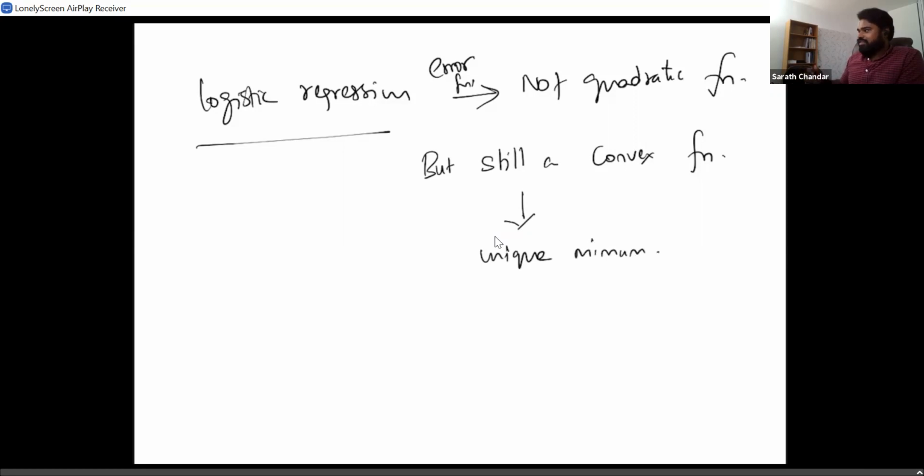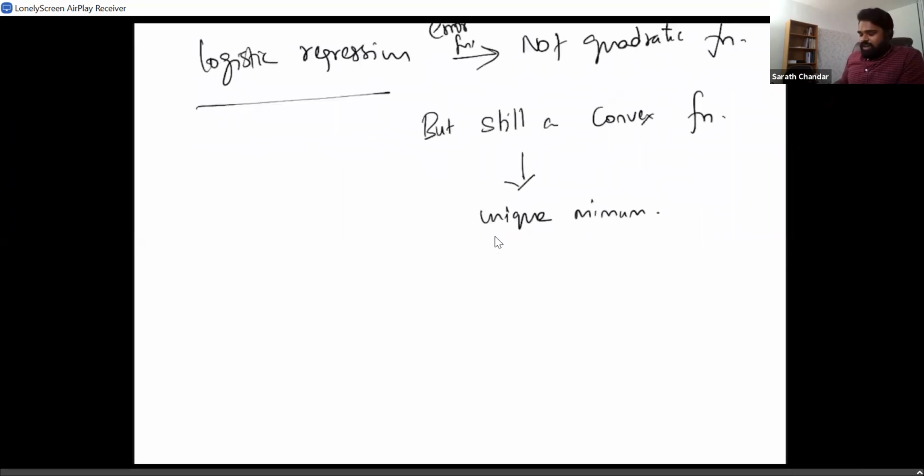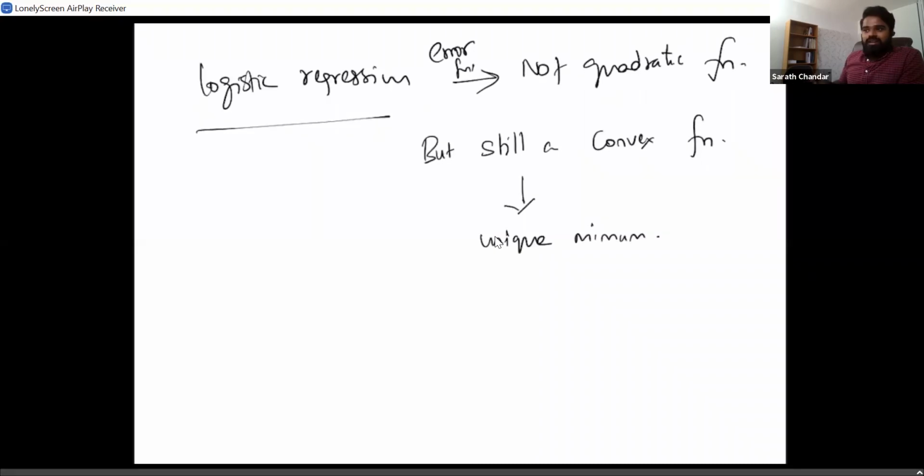Someone is asking, can we use gradient descent? Yes, that's why we had a gradient descent algorithm for logistic regression in the previous lecture. The fact that it is a convex function with a unique minimum tells us that if you use gradient descent with the update equation we learned in the previous lecture, you are going to reach the global minimum.